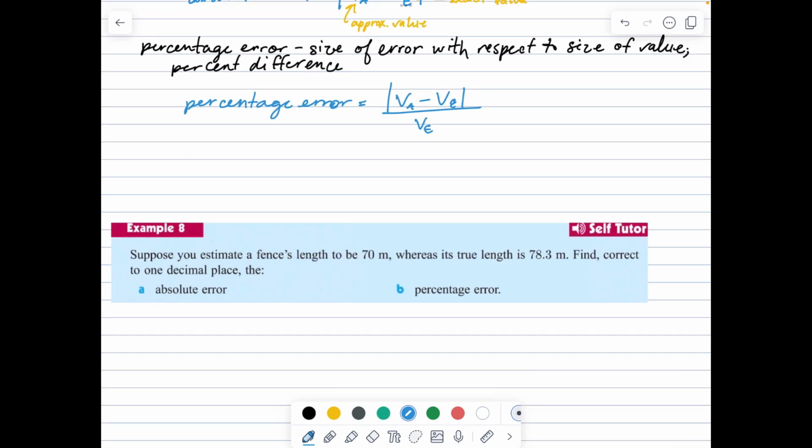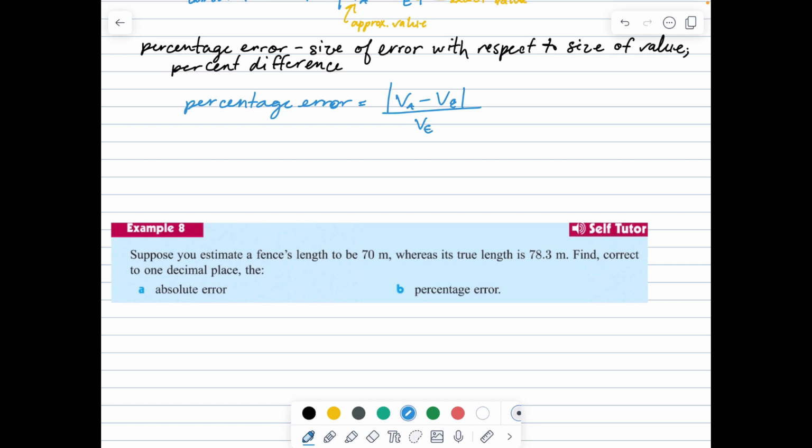Here we have a situation where you estimate a fence length to be 70 meters, but its true length is actually 78.3. So find, correct to one decimal place, the absolute error. For absolute error, all we do is subtract the approximate value minus the exact value.